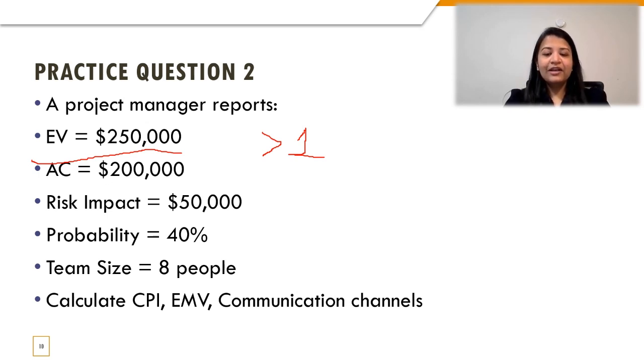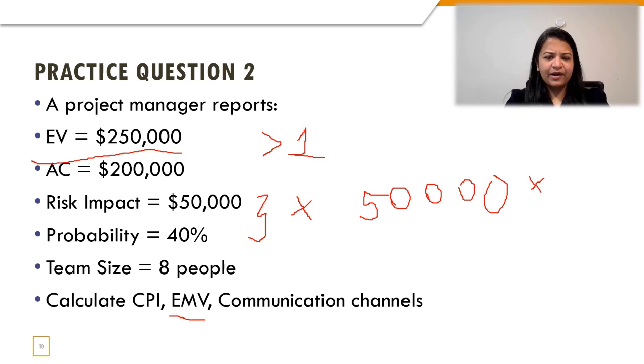Now, calculating the value of EMV, we are supposed to just multiply these two values, which is nothing but 50,000 times 0.4, or we can also do it like 50,000 times 40 divided by 100. That is also something that we can use to solve this particular question.